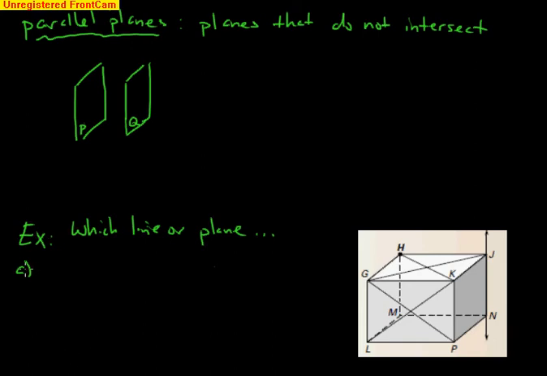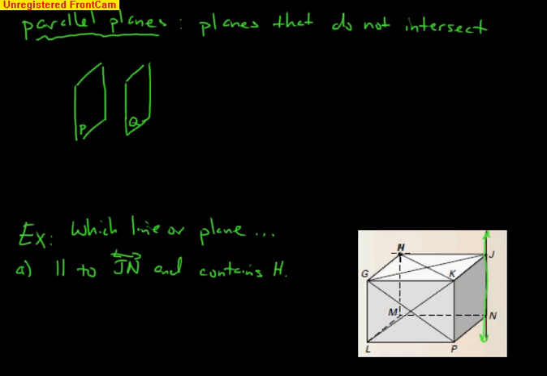For part A, we'll do a couple here: a line parallel to line JN and contains H. So if you look on this picture, where is JN? Well, JN is this line right here.